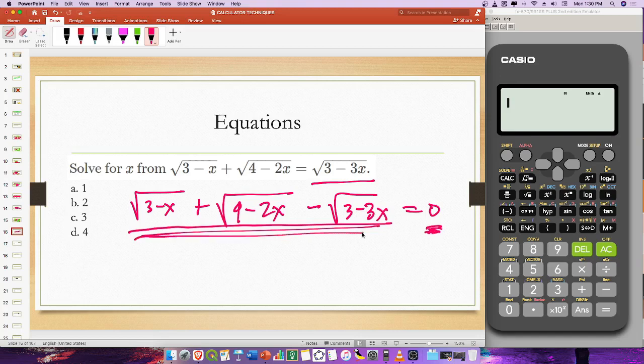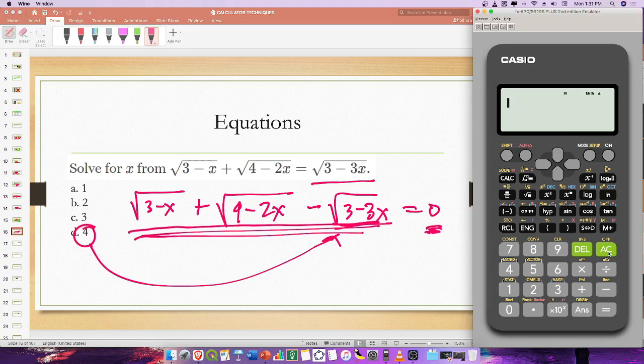Now, you cannot simply substitute the numbers here in your calculator. Why? Let's try 4. If you substitute 4 to that term, that will give you an error in your calculator. So using your calculator, you have to plug in the equation.